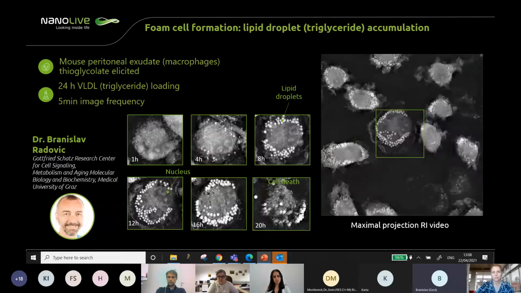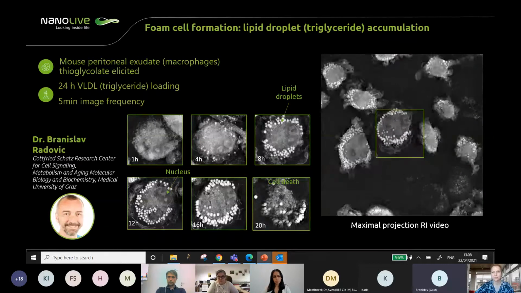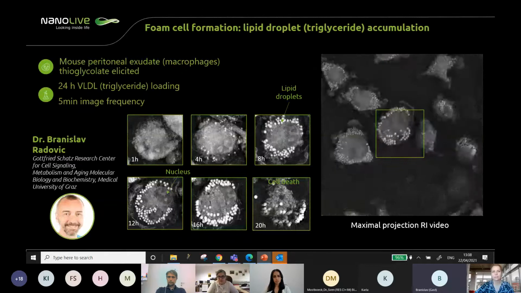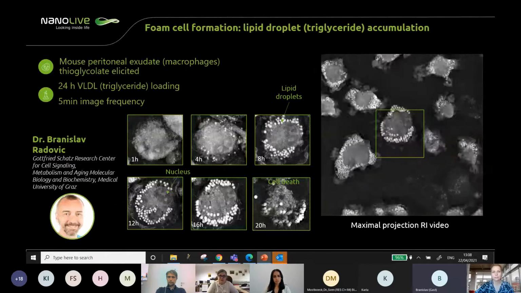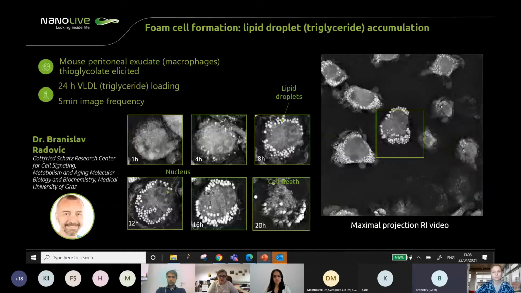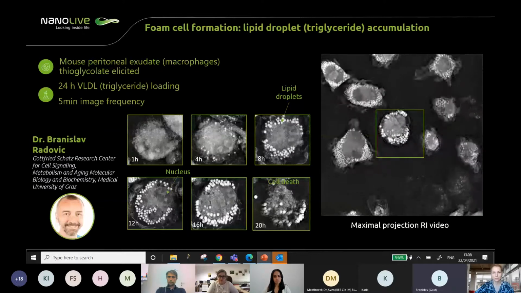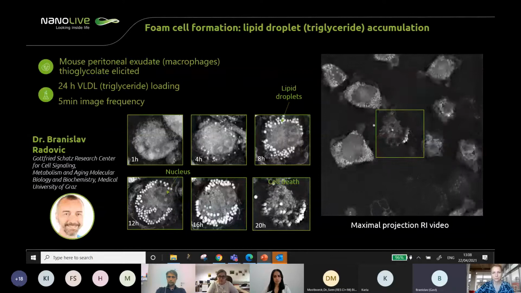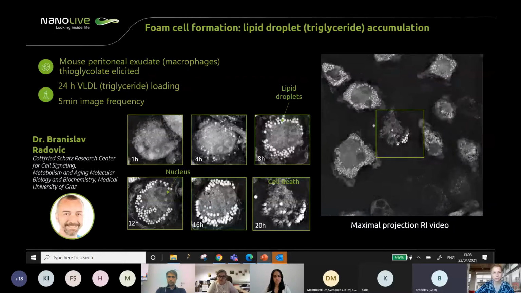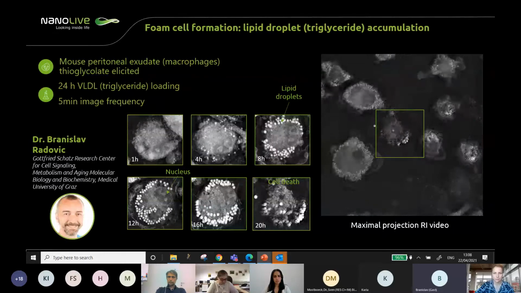In macrophages, the cells you see here are primary peritoneal macrophages, so not cell culture, but primary cells. After 24 hours you see quite a lot of lipid accumulating in the cells in the form of lipid droplets. These are the clearly visible white dots.